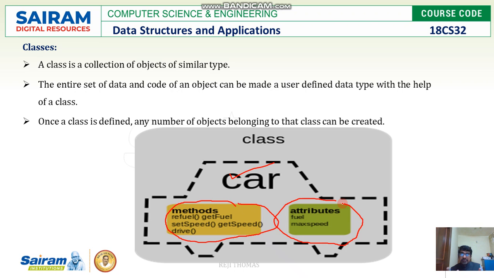If you take car as a class, we have methods like get speed, set speed, drives, fuel and speeds. The entire set of data and code of an object can be made a user-defined data type with the help of a class. So what is a class? It's a collection of objects of similar type.